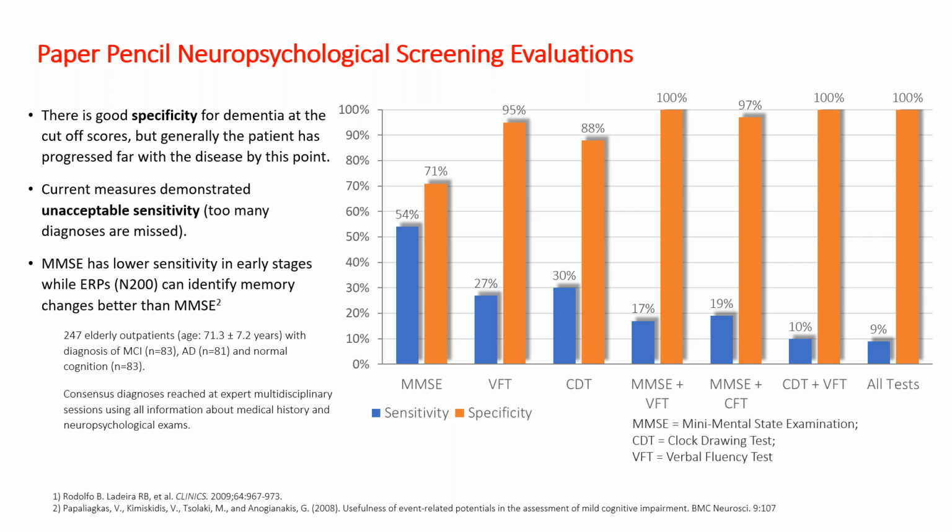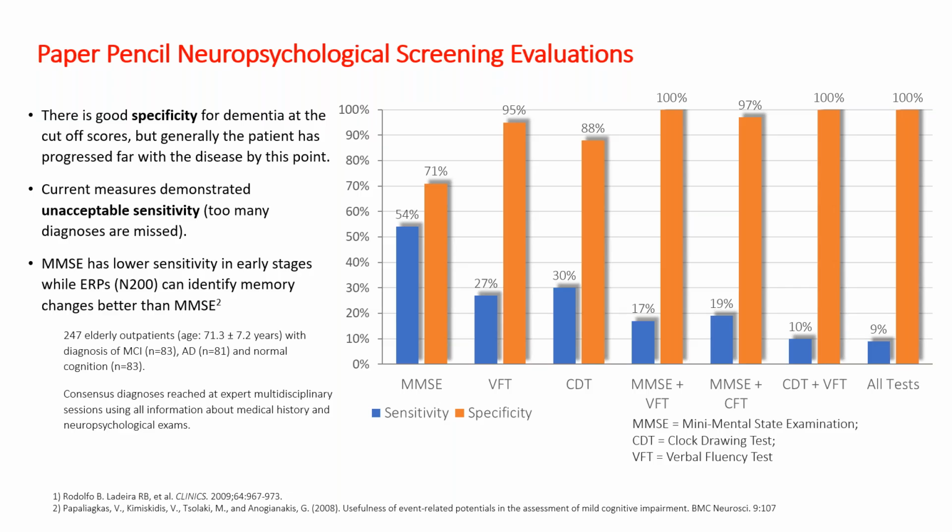And typically, if you have a person that meets the cutoff on the Mini-Mental Status, they're pretty far along with their disease state at that point. So by the time it catches it, it's almost kind of late. So it's not my favorite one. Do I still use it? Yeah, I use it, but I use it in conjunction with other tests.